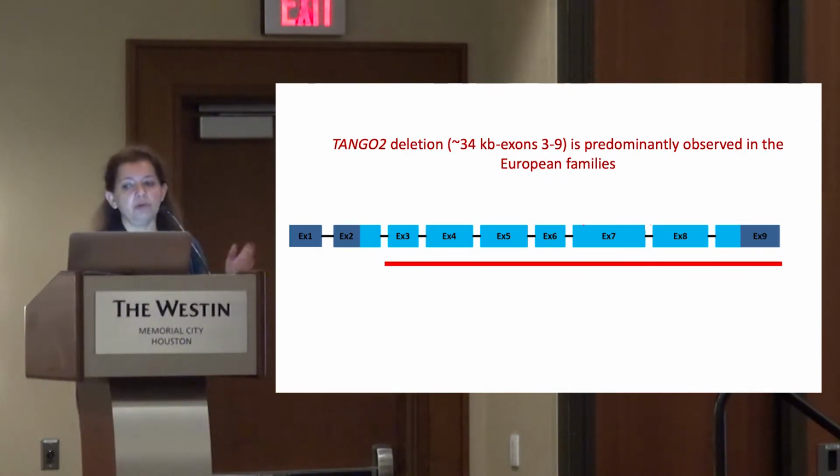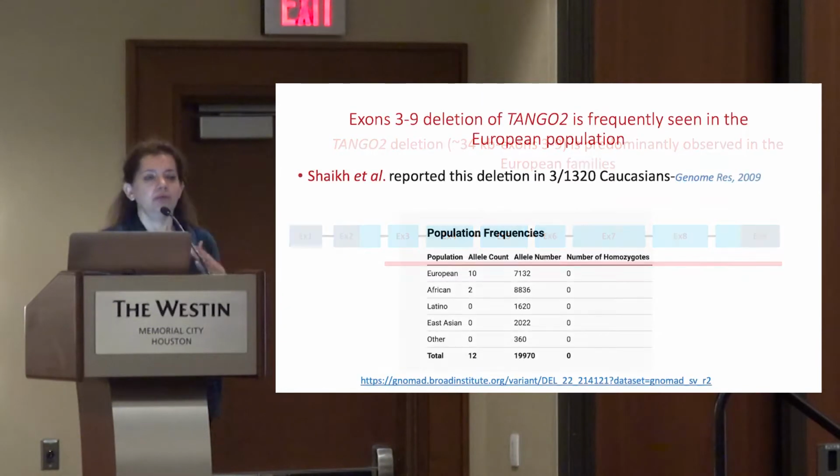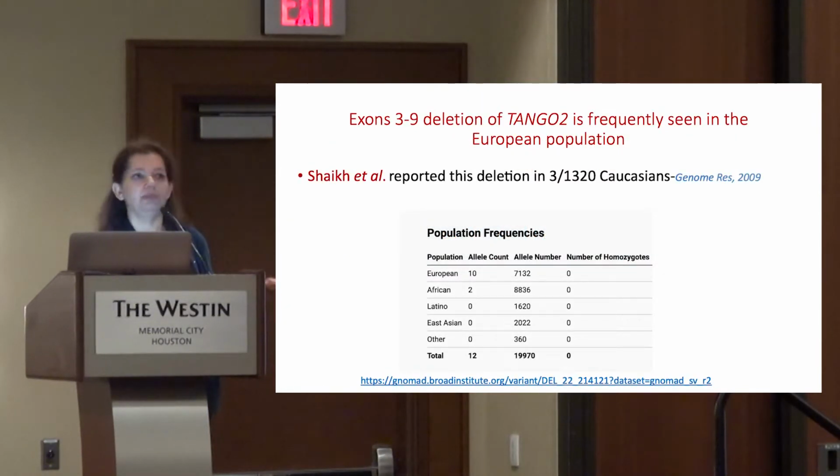Even long before we knew about TANGO2, people knew about this deletion. People knew that some part of the population carried this deletion and they were healthy. Nobody could tell that if 2 carriers came together, they would have a child with problems. They didn't know that at that time.